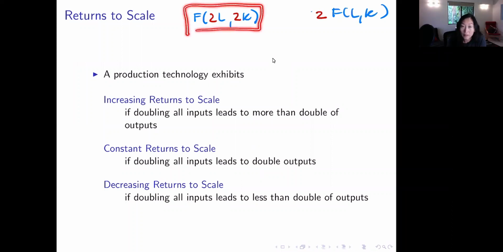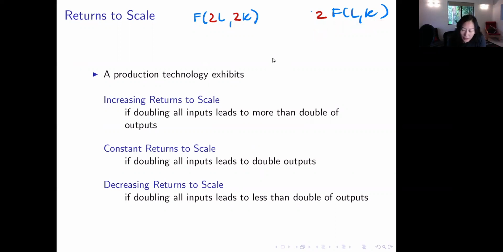This function means that if L* is equal to 2L and K* is equal to 2K, so we double L and K, then we see what the output is going to be using this amount of inputs. The right-hand term is double the amount of output.